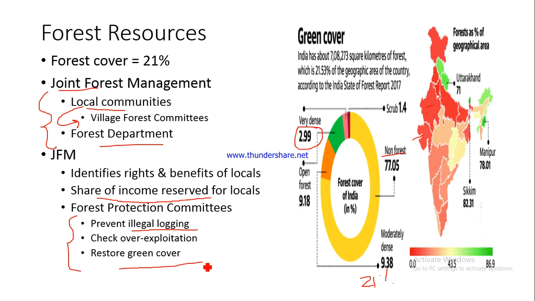There are no deforestation activities which are allowed. There is no illegal cutting down of trees which is allowed. These things should be ensured, rather than trying to go for artificial efforts to expand the forest cover by planting more saplings. So this is one thing that you should bear in mind.